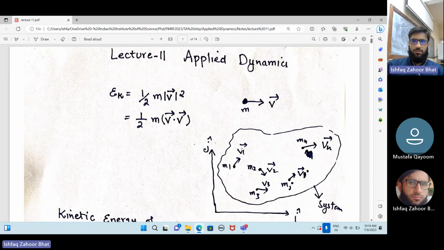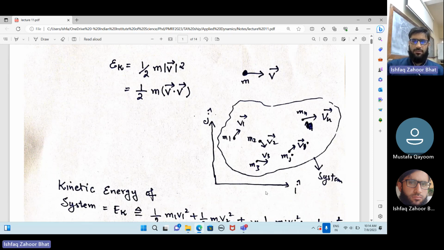Okay, so this is a system which contains n number of particles having masses m1, m2 up to mn. Each particle, like m1, is moving with velocity v1, m2 is moving with velocity v2, and so on, and mn is moving with velocity vn.